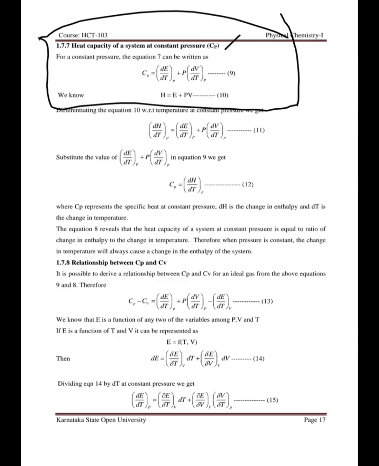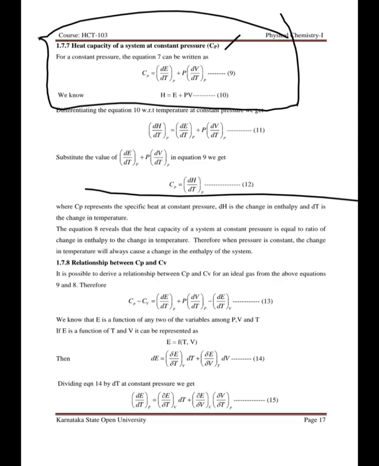Here Cp represents the specific heat at constant pressure, dH is the change in enthalpy, and dT is the change in temperature.